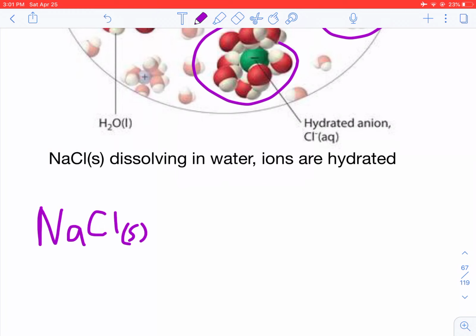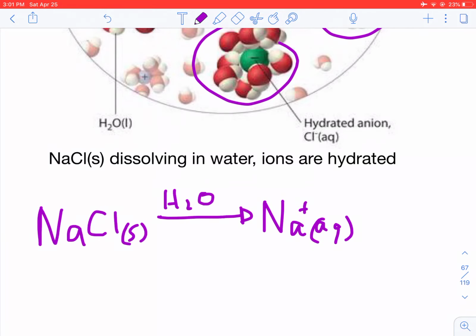When it dissolves in water, we normally write H2O, since our liquid is water, and that gives us Na+ (aq) plus Cl- (aq). What aqueous really means is that it's in a water environment.